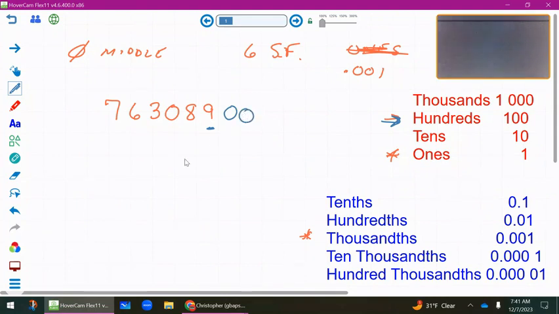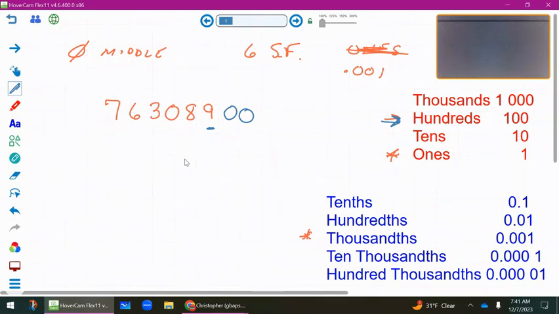I add 2 zeros at the end. I added 2 zeros. That put this in the 100s place, and it still has 6 sig figs. Why? Because there's no decimal.